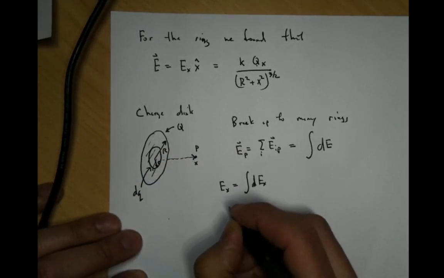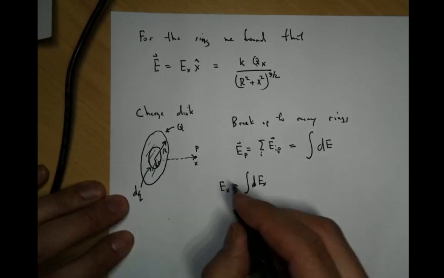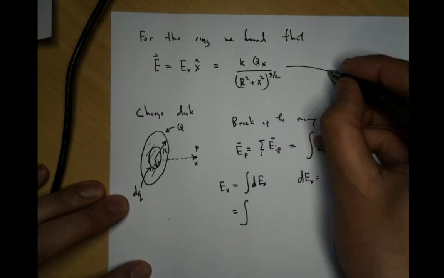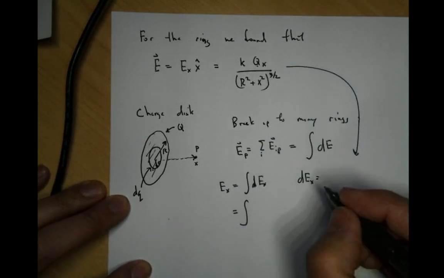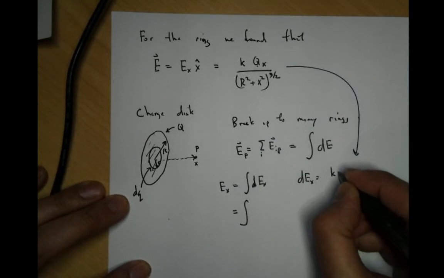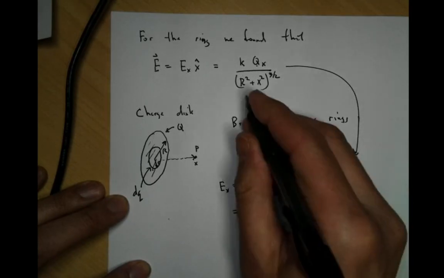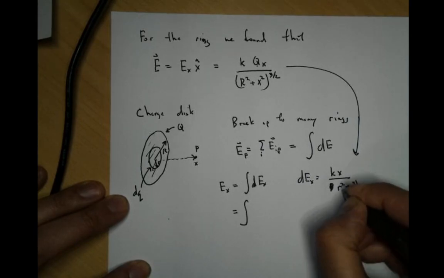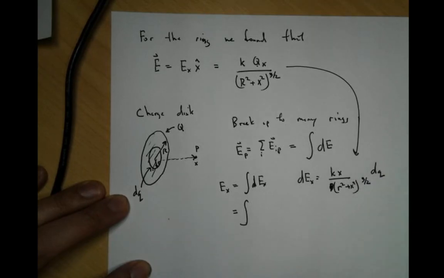So what's that going to be equal to? dE_x is, well, actually just take this thing down here, but I'll convert the capital Q to a little dq here. So kx over, now this can be not capital R squared, but little r squared plus x squared to the 3/2 power times dq.